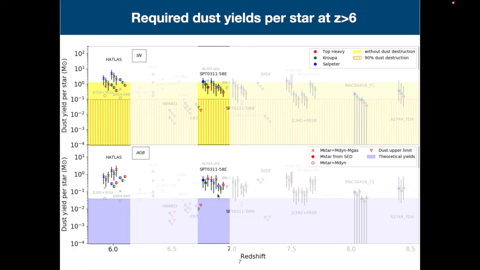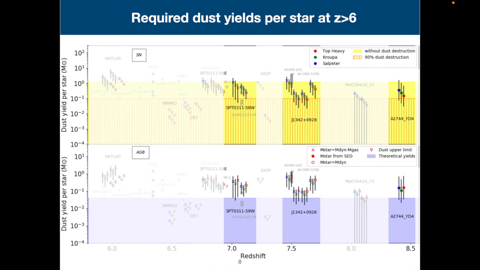We cannot accept a similar conclusion for AGB stars, because one AGB star would need to create about 0.1 up to 1 solar mass of dust to explain the dust mass in these 2 galaxies, which is significantly higher than the allowed values.